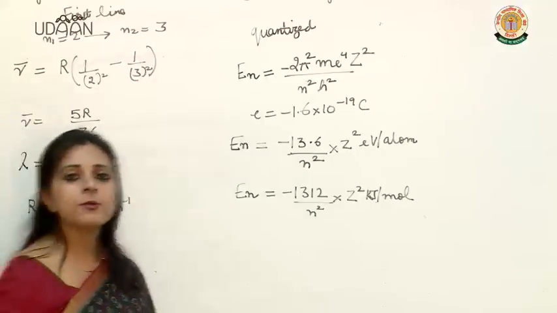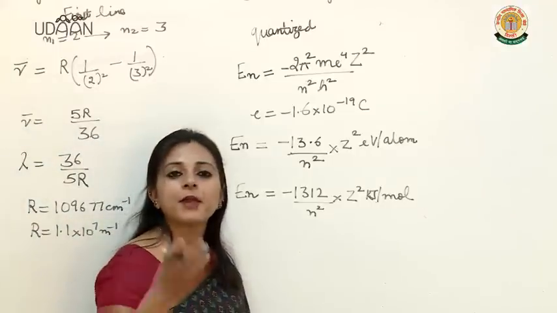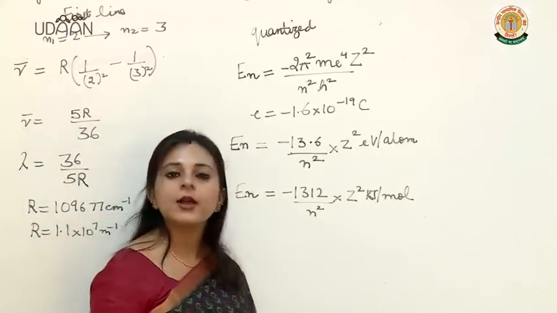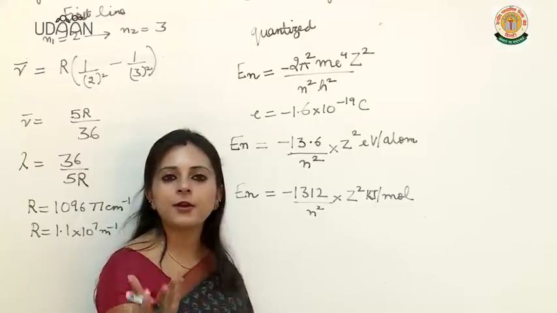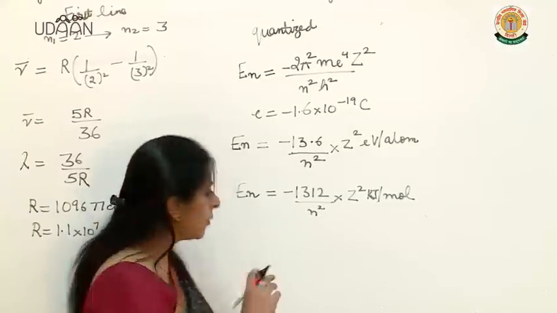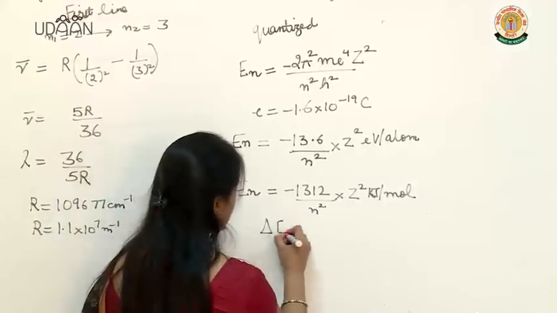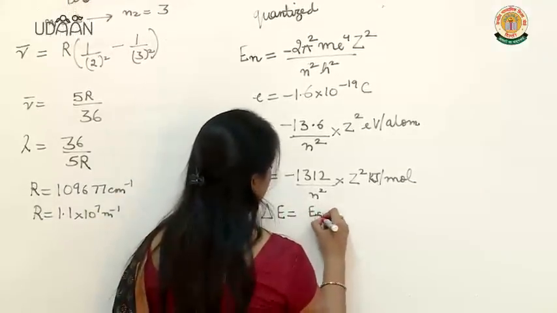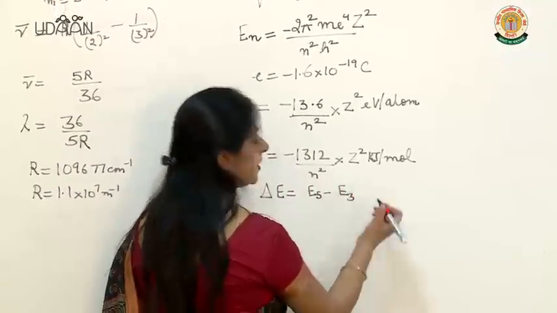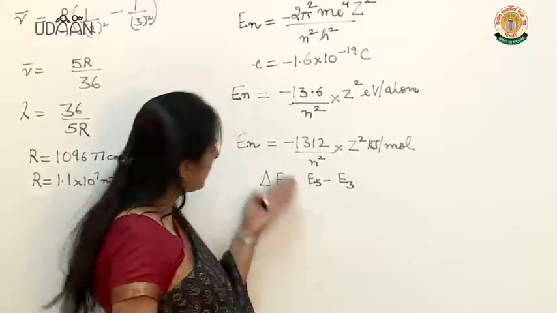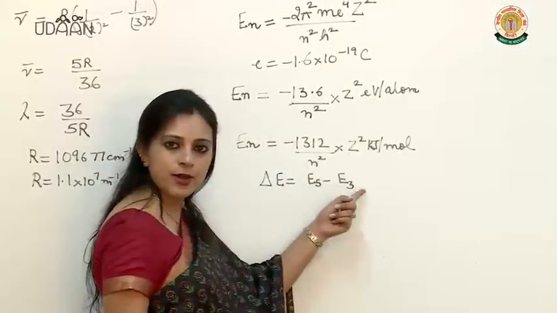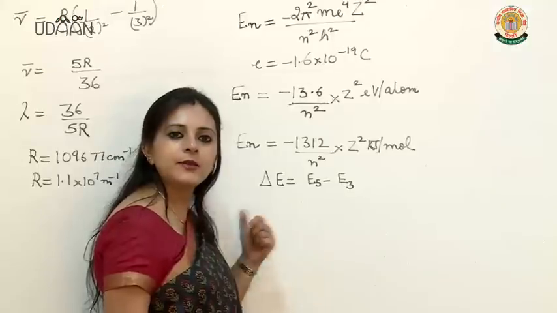Suppose I want to find out the energy change when an electron moves from orbit number 5 to orbit number 3. Delta E would be E5 minus E3, final minus initial. I will just substitute these formulas, put the value of n, and I will get it.